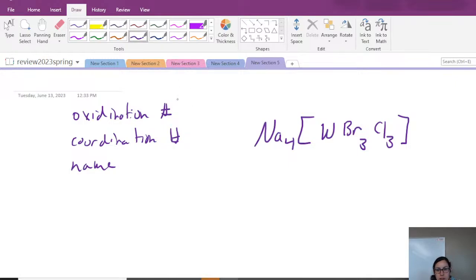So oxidation number for that's not what I got, but I mean, I could make a mistake, but so just balancing the charges.